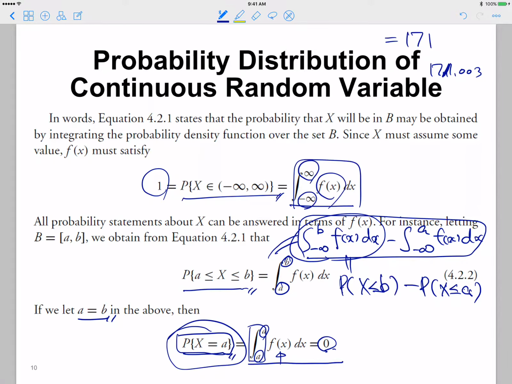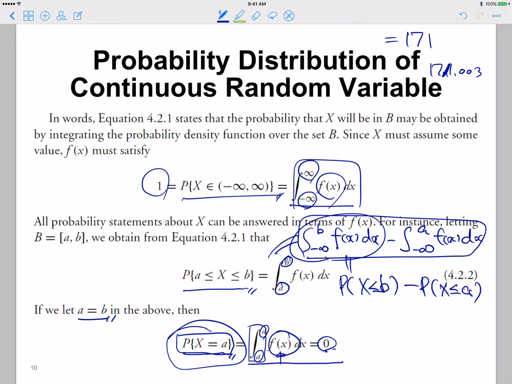So in practice, the probability of observing that exact value will be 0. But still, this velocity will be non-zero. Around the 171 centimeter height, how many people are around there?